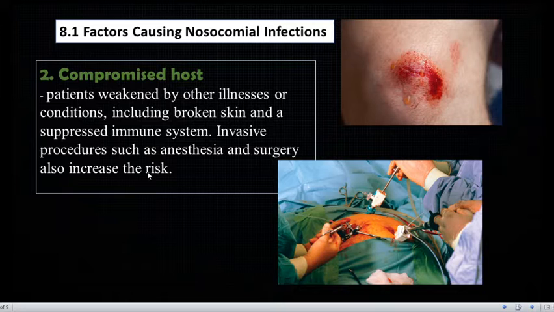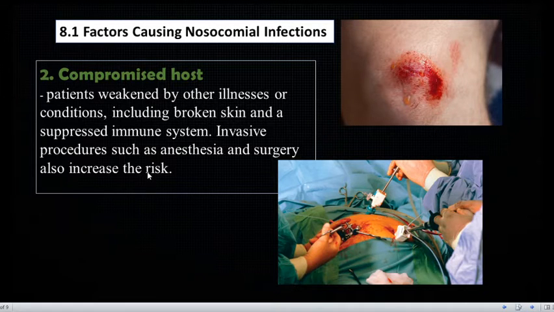Now, why does the invasive procedure serve as a factor that increases nosocomial infection? Why does it increase the possibility that you will get a nosocomial infection? Because invasive procedures provide a pathway for microorganisms in the environment to enter your body.